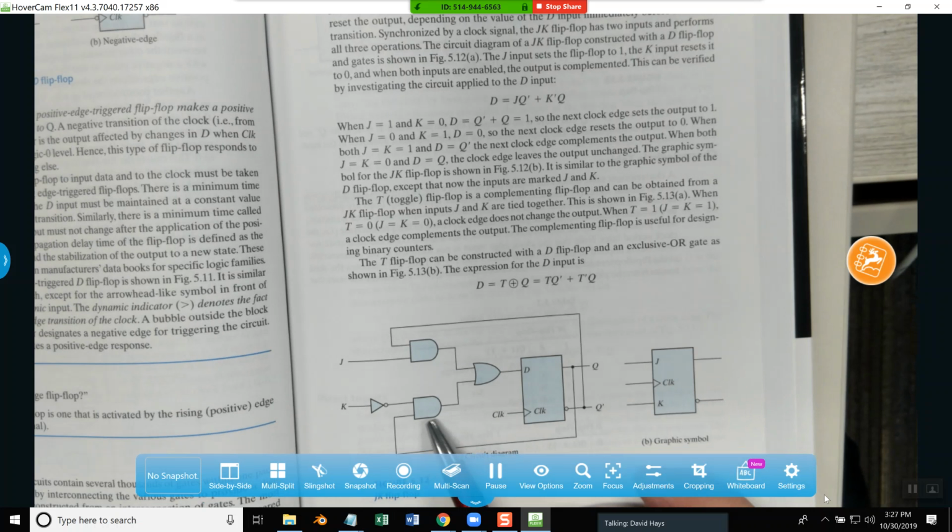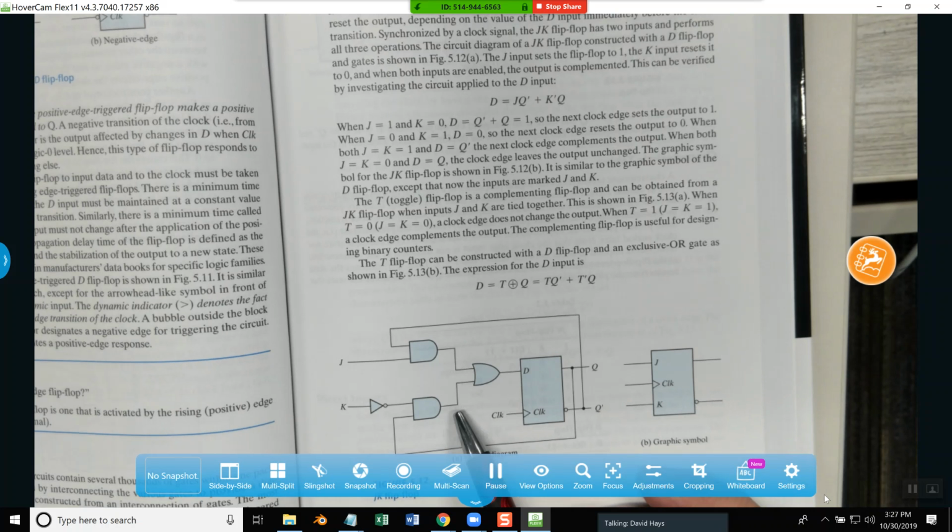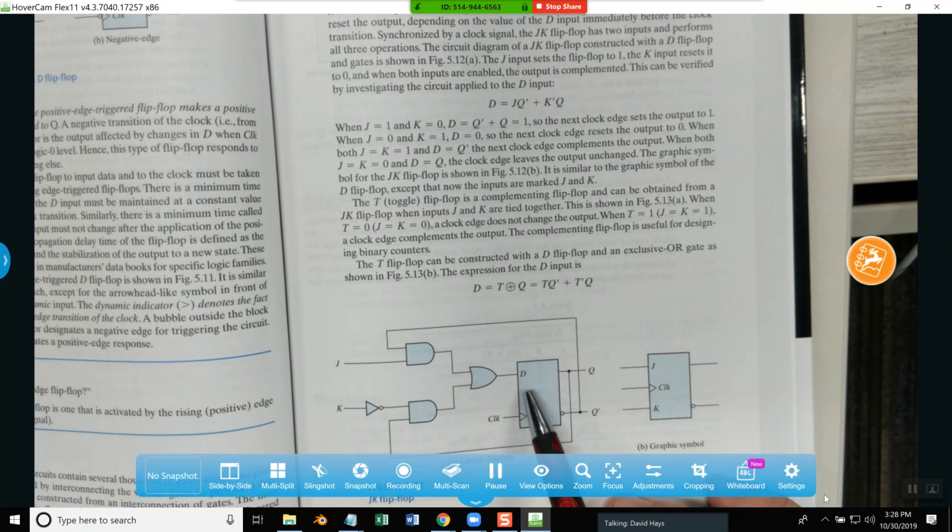This is 1, so that's 1 and Q, or Q. So that's Q prime or Q, which is always equal to 1. That's true, because 1 plus 0 is 1, 0 plus 1 is 1, 1 plus 1 is 1 in terms of this. So the next clock edge sets the output to 1.